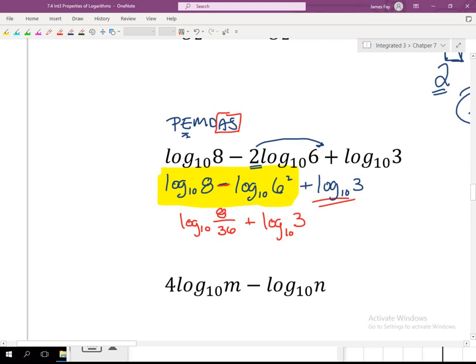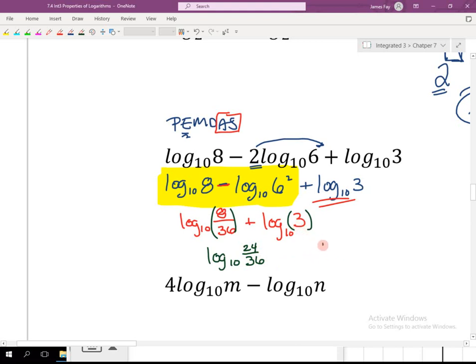Okay? So now, if you've got addition, it turns into what? Multiplication. Okay? So when I multiply these, I'm going to multiply those two numbers right there. So it's going to be log base 10, multiply 8 and 3. What's 8 times 3? 24. So we get 24 over 36. What's 24 over 36 reduced to?